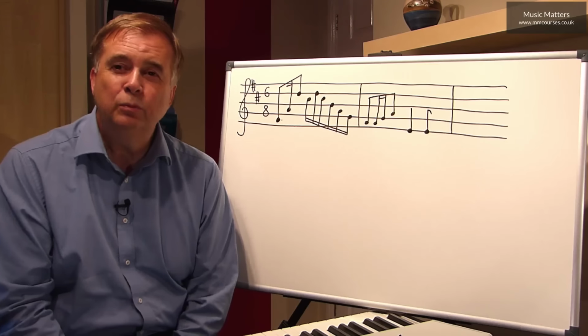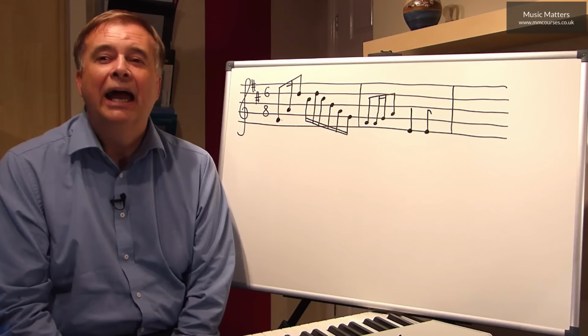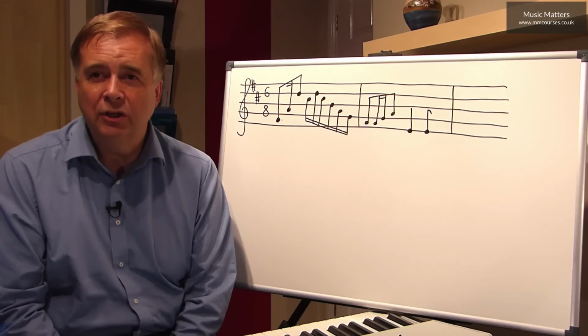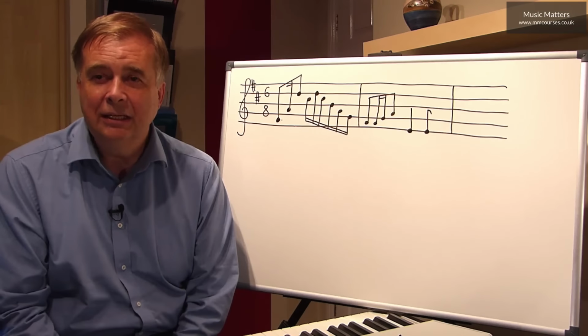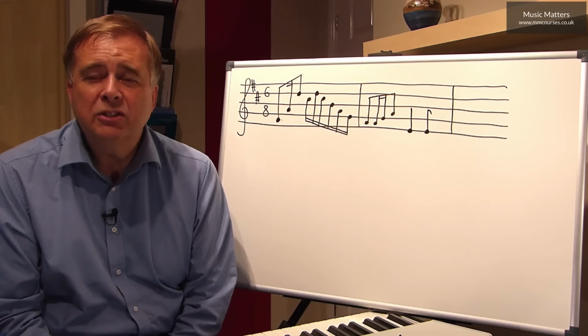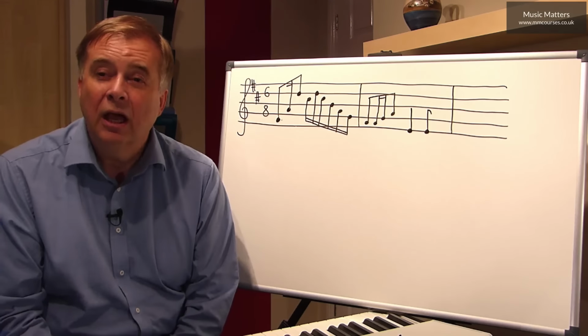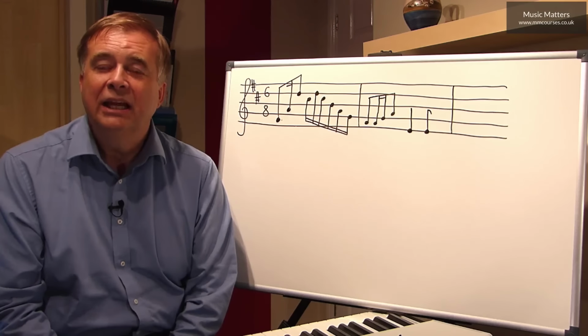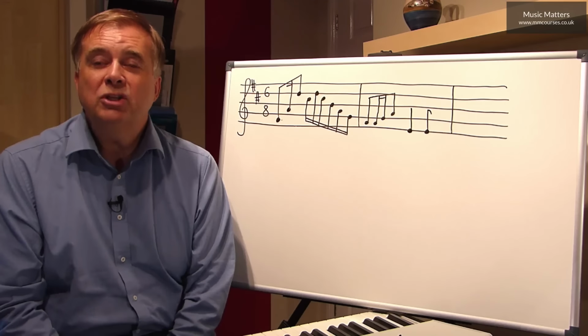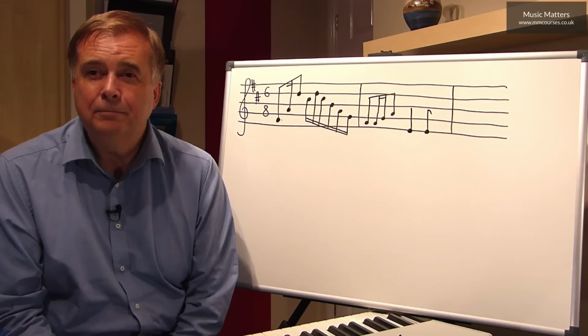Then the B section will begin in the dominant key and will work its way back to the tonic key, possibly going through some other keys on the way. So you may be asked to write the first section, the A section, of a binary form piece that is going to end by modulating to the dominant key.